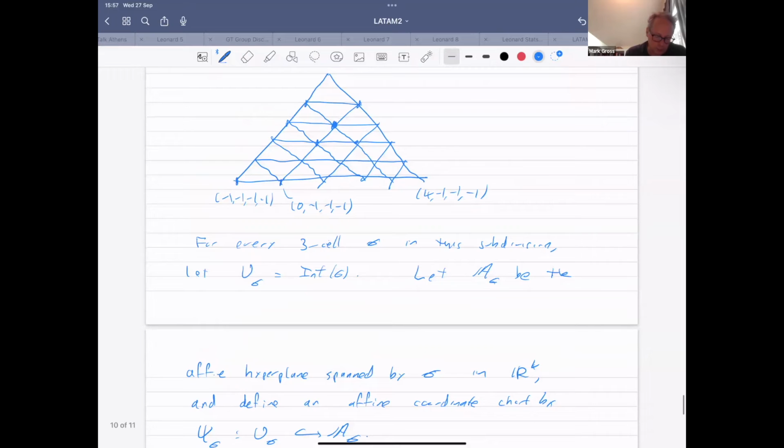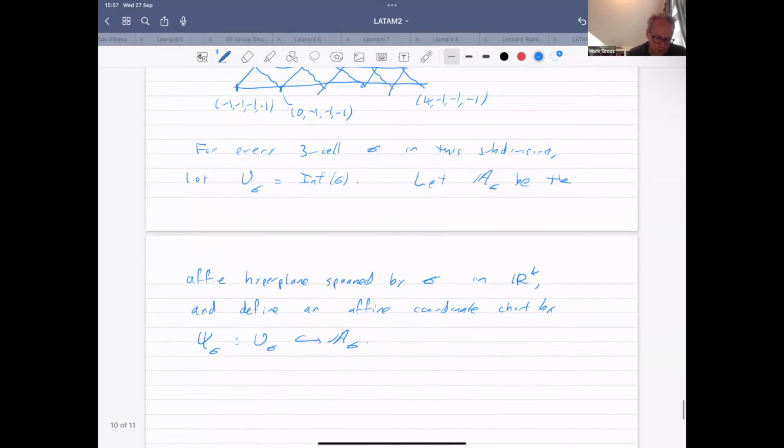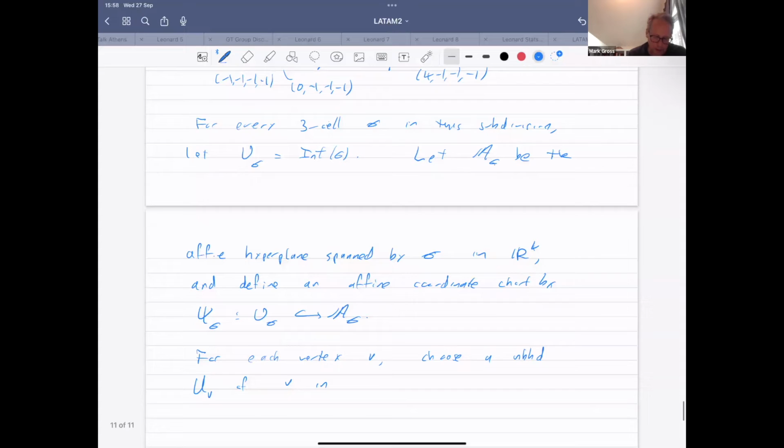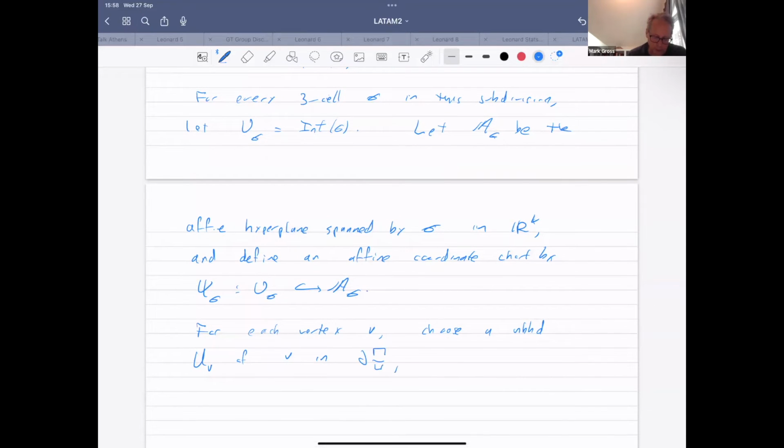The other thing I'm going to do is around each vertex, for each vertex V, choose a neighborhood U V of V in the boundary of xi, and define a coordinate chart psi V from U V to R4 modulo the 1-dimensional vector space spanned by V. So we're projecting from V. So this gives another set of affine coordinates.